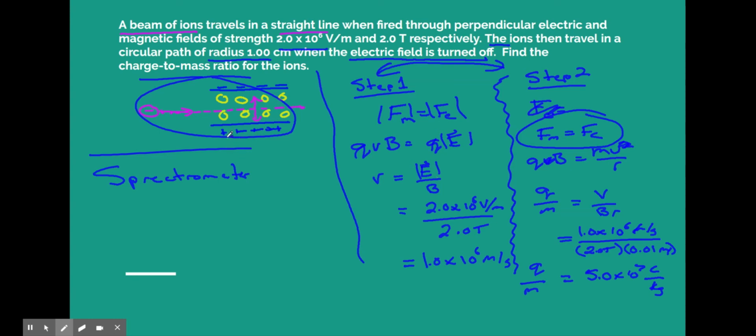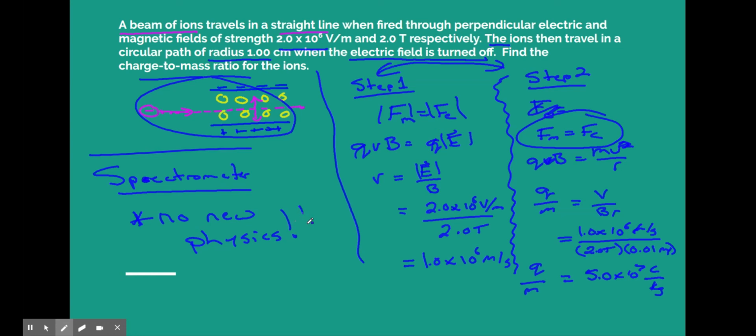If you understand Thomson's approach, then understanding a spectrometer will become very easy.